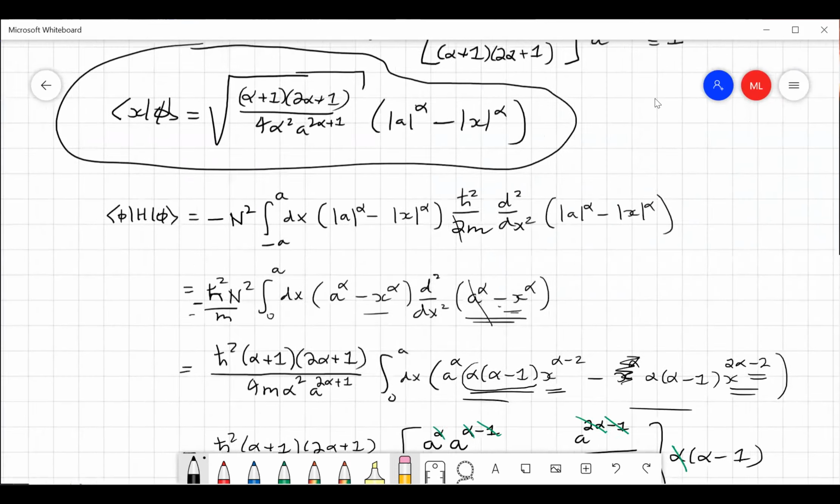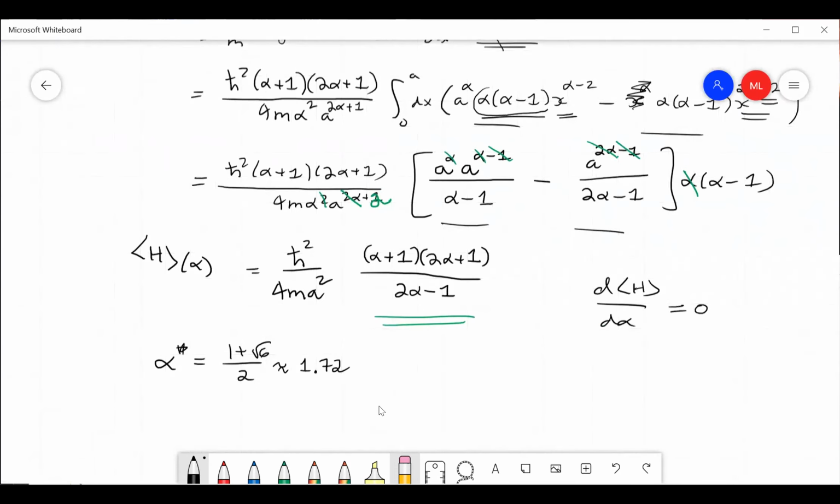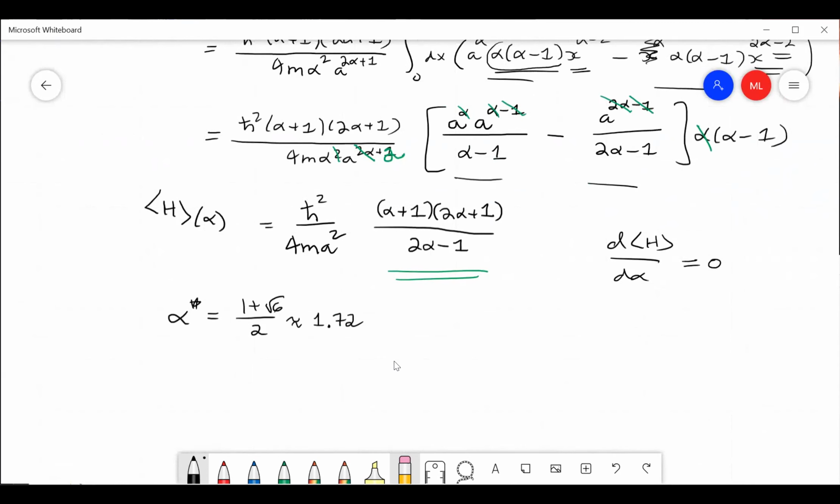And now you can ask, what about the ground state energy? Is it close to the true ground state? What you can do is plug in alpha star in the variational method, and you'll get that, according to the variational method, this is close to 1.2374 h bar squared over m a squared.